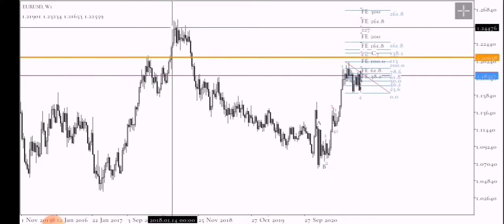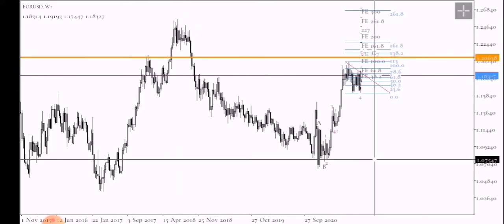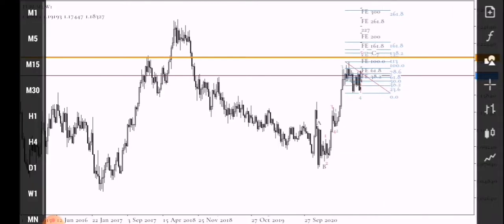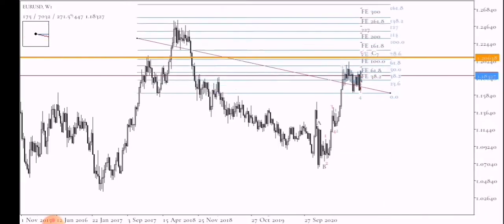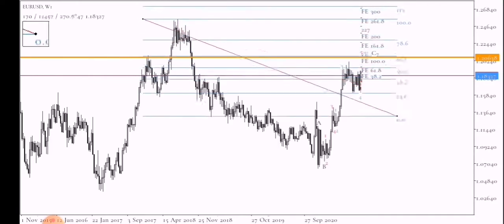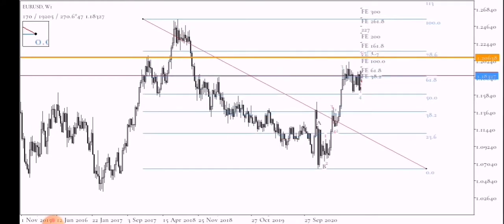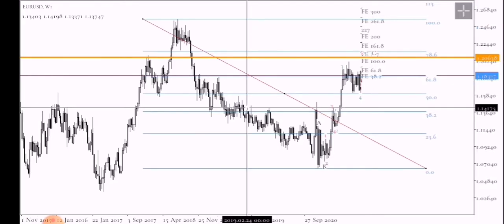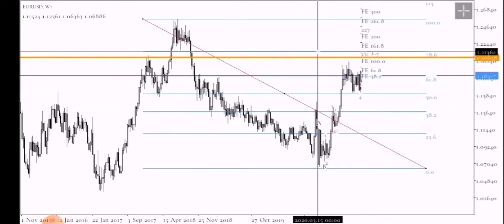Okay, secondly, let me take this Fibonacci over here, draw it all the way up and all the way down here, and what do we have? Again, another zone here.